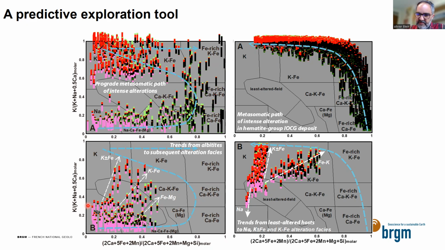And in this context, we can observe the trend between least altered host rocks and potassium fluid or Fe potassic alteration fluid.